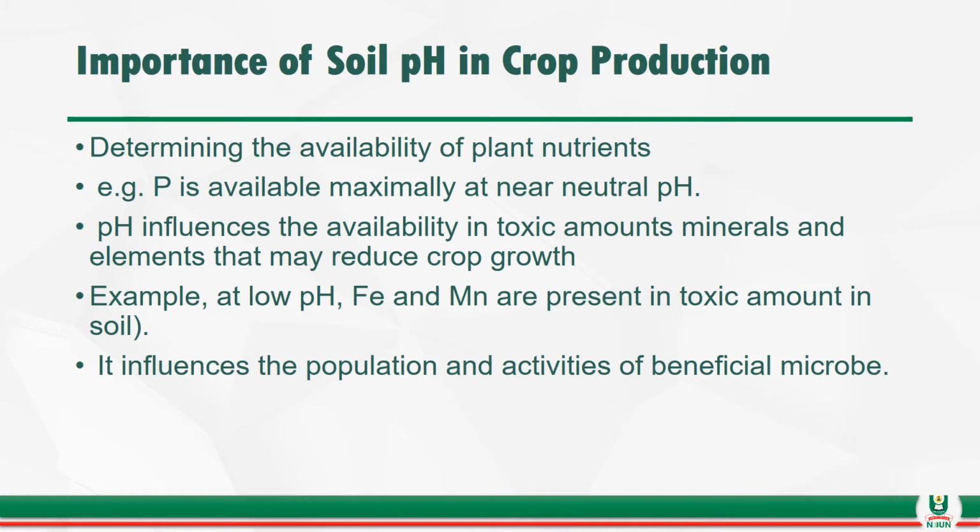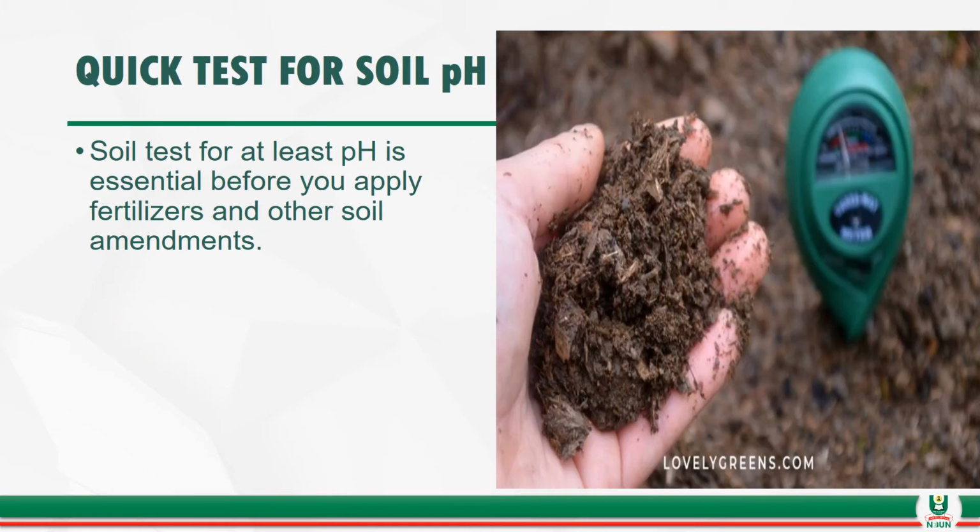It influences the population and activities of beneficial microorganisms in the soil. The picture we are seeing is the pH quick test kit for soil pH. Soil testing for at least pH is essential before you apply fertilizer and any other soil amendments.